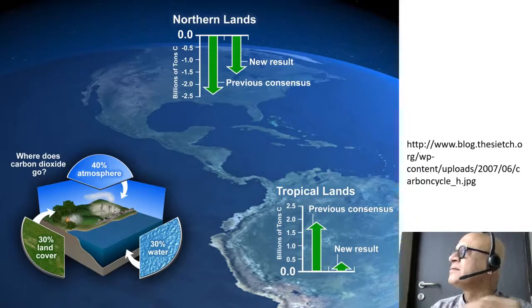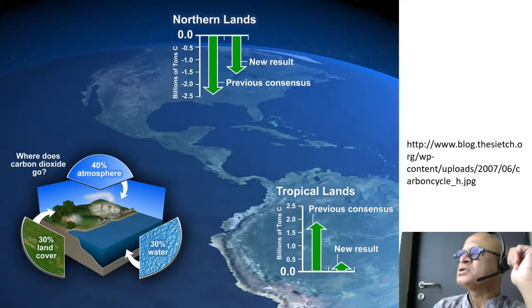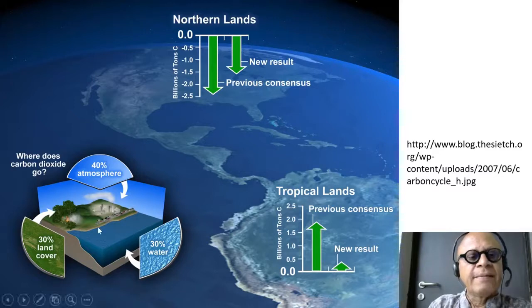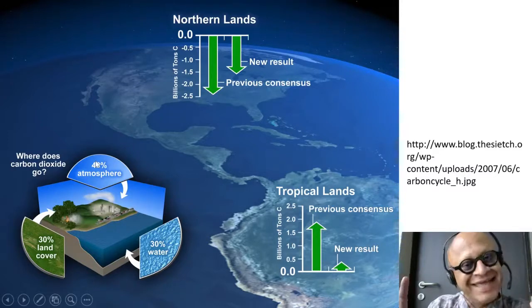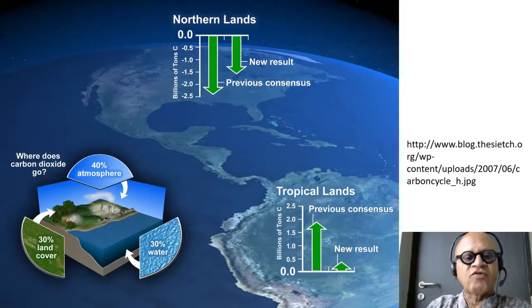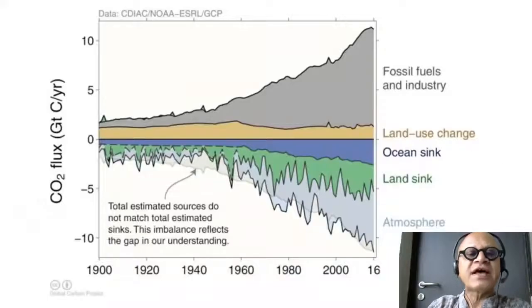There is a chopper coming by which is going to make a lot of noise. And about 40% stays in the atmosphere. So what we measure is about 40% of the total. How do we know that? We have numbers like this.